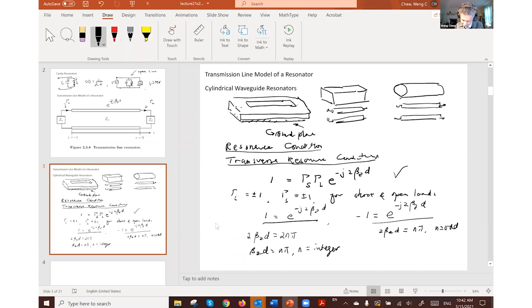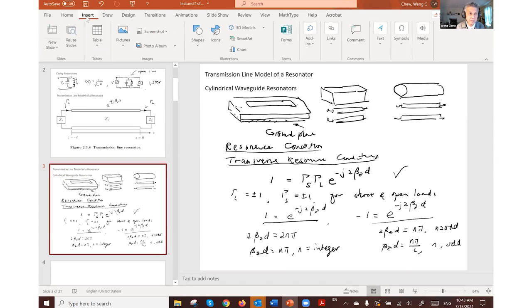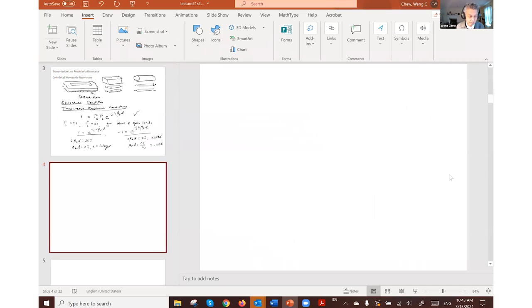So this means that beta z d is n pi over 2, where n is odd. Okay. So you can have different kinds of solutions, and you probably know what the solutions are. You can go back and fill yourself in using a transmission line model. So the solution will look something like that.